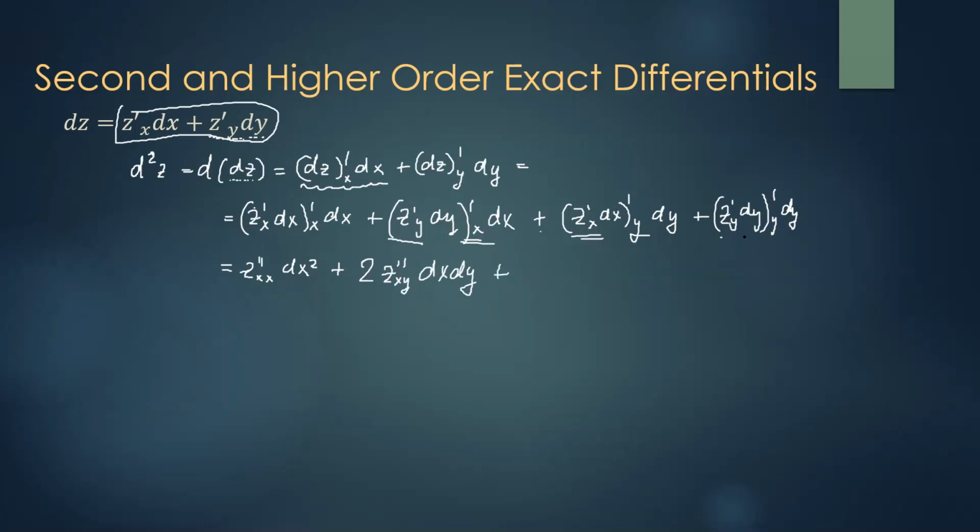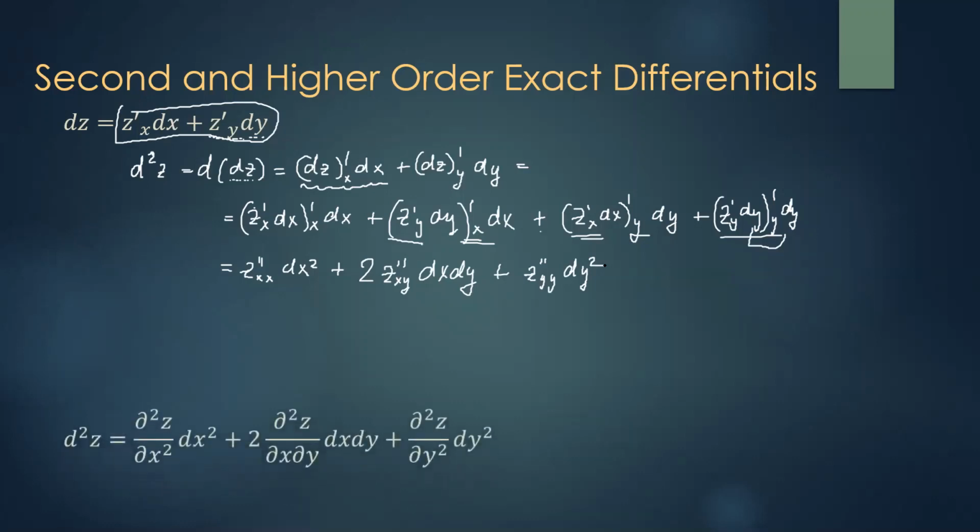And we end with the second order partial derivative by y, and we see dy squared. So this is the second order exact differential. Written perhaps in a nicer way, but it's the same thing.